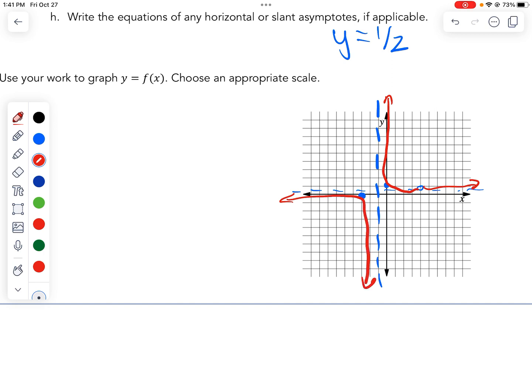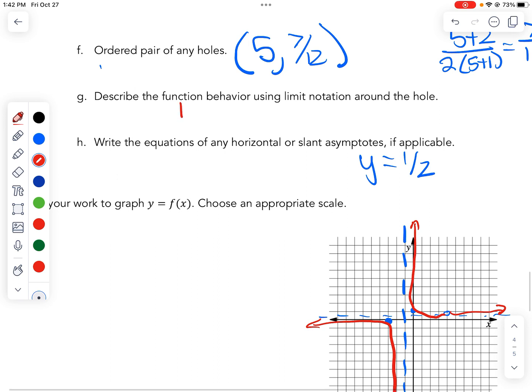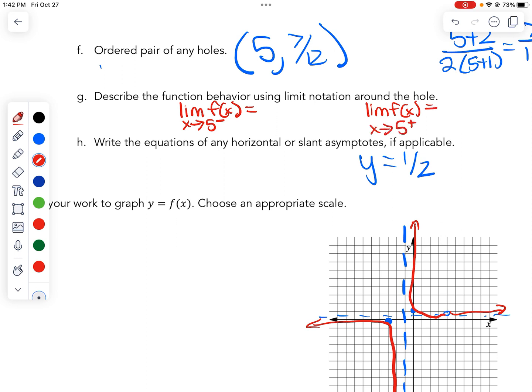and here. So when it goes back to this limit notation at our hole, the limit is f of x as it goes to our hole of 5 from the right-hand side, and the limit of f of x as it goes to our hole from the left-hand side. Well, as it goes to that hole, it's going to that height of 7/12.